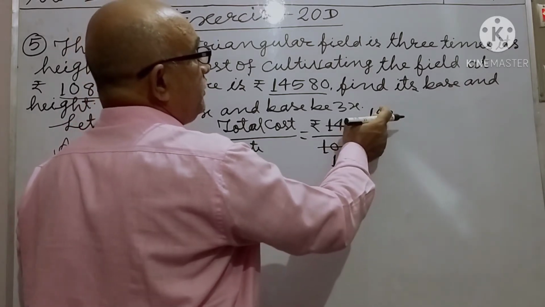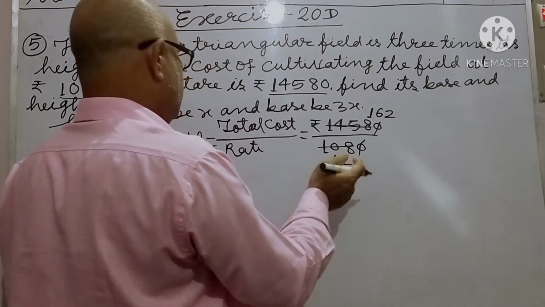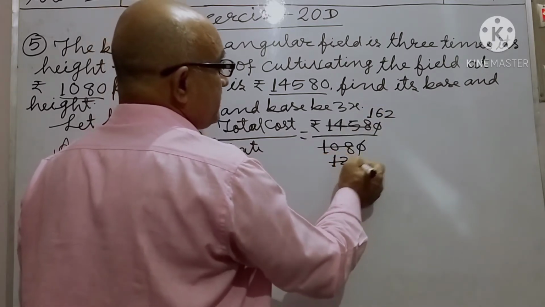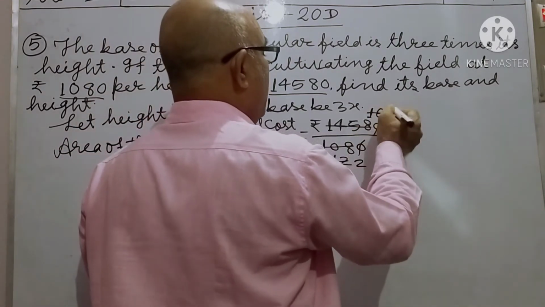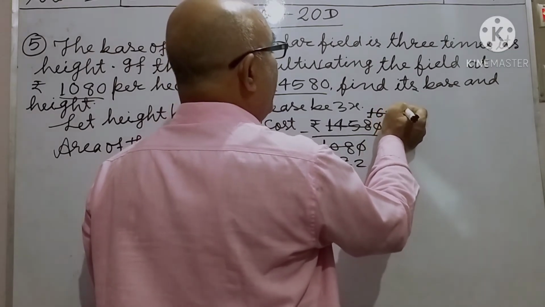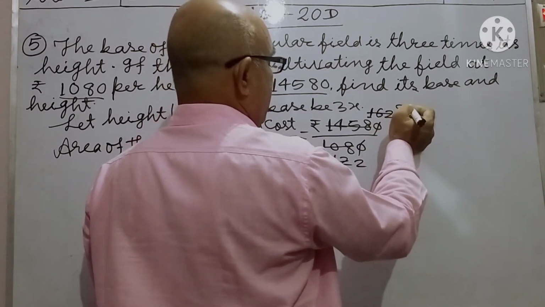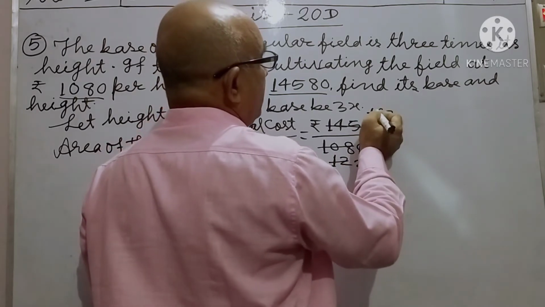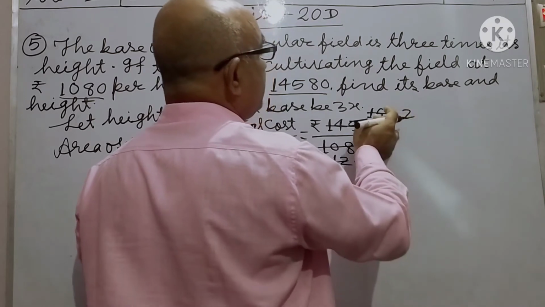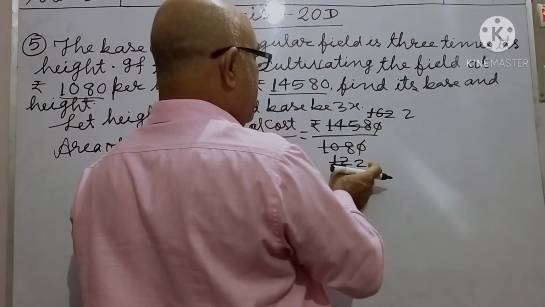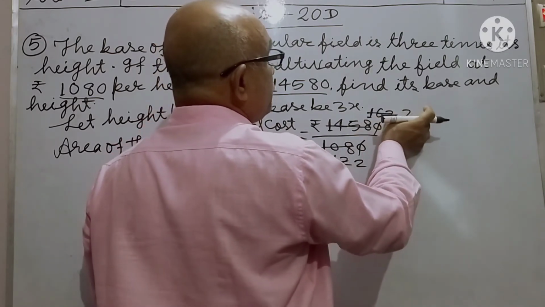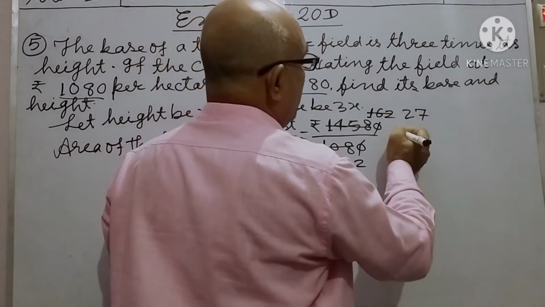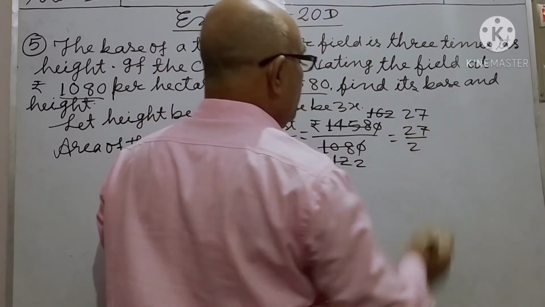Now 12, it is divisible by 6. 6 2 ja 12 and 6 2 ja 12, 4 and 7 6 ja 42, equal to 27 by 2 hectare.